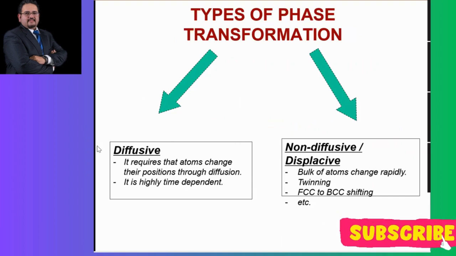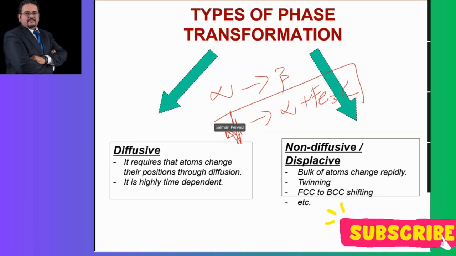Phase transformation, for example, phase alpha is going to transform into phase beta, or gamma is going into, for example, alpha plus cementite. This is phase transformation, that one phase is going into different phases, right? Here alpha is going into beta, gamma is going into two different phases.